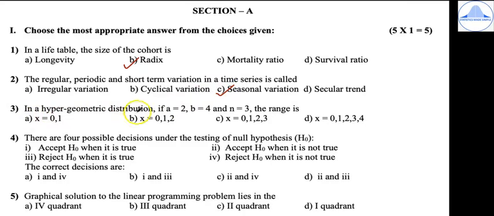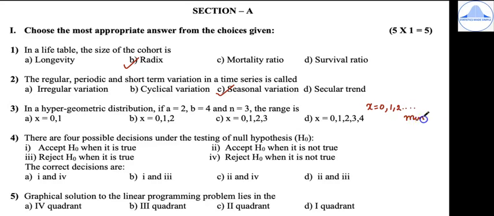Third, in a hypergeometric distribution, if A is 2, B is 4 and N is 3, the range is x is 0, 1, x is 0, 1, 2, x is 0, 1, 2, 3 and x is 0, 1, 2, 3, 4. So the range for the hypergeometric distribution is x is equal to 0, 1, 2, and so on.